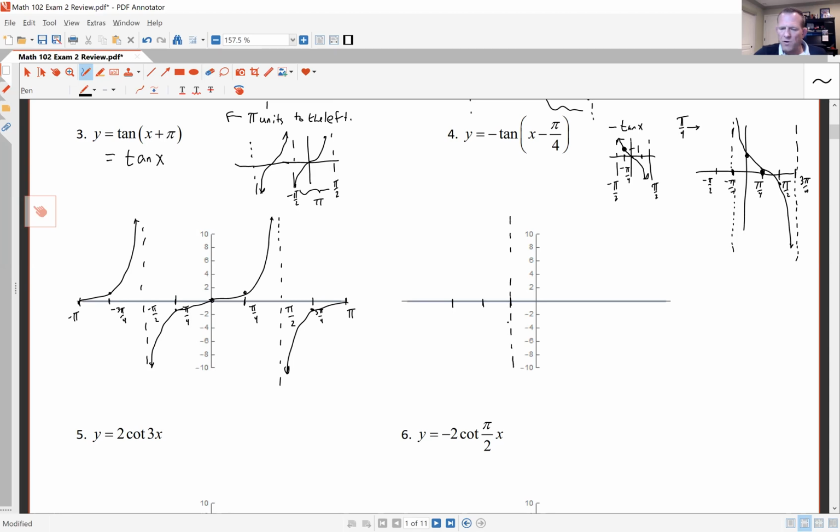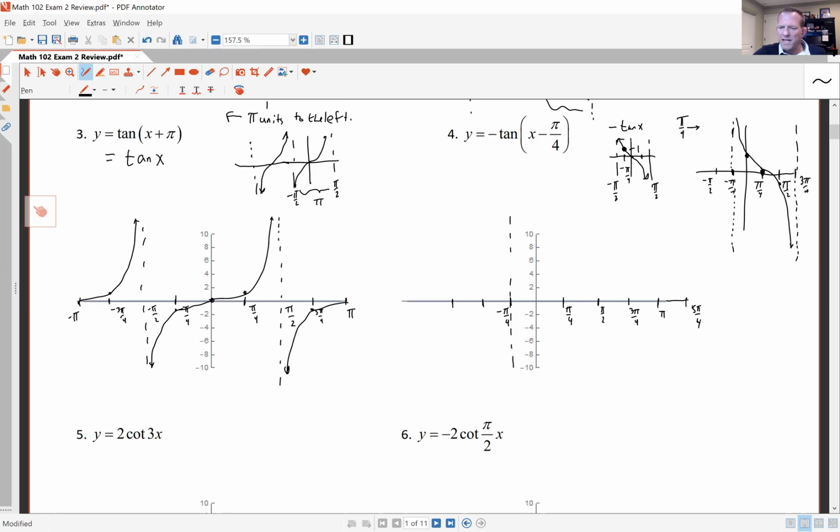Negative pi over 4. 1 pi over 4, there's 0. There's pi over 4. 2 pi over 4. 3 pi over 4. 4 pi over 4, which is pi, and 5 pi over 4.